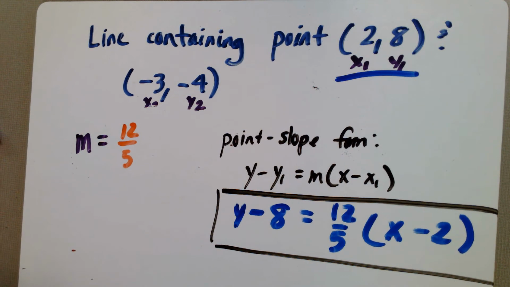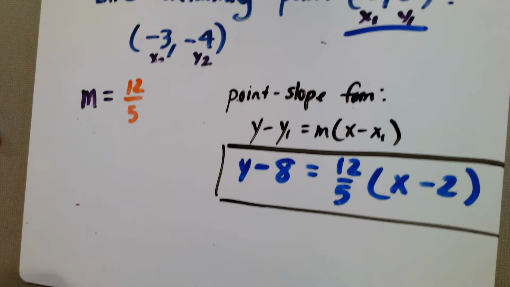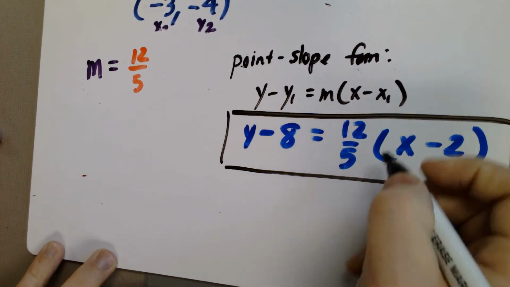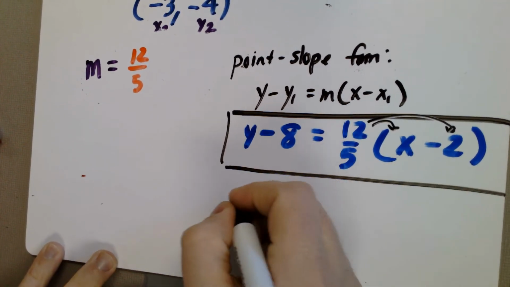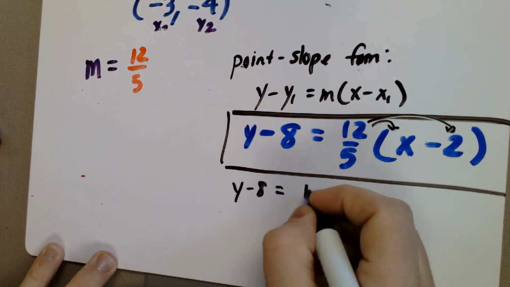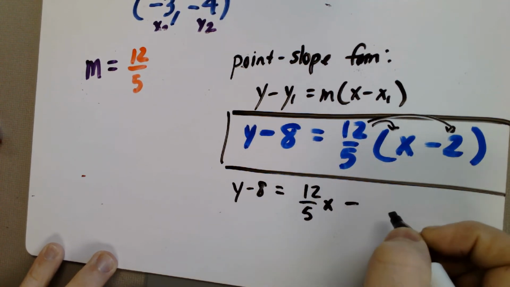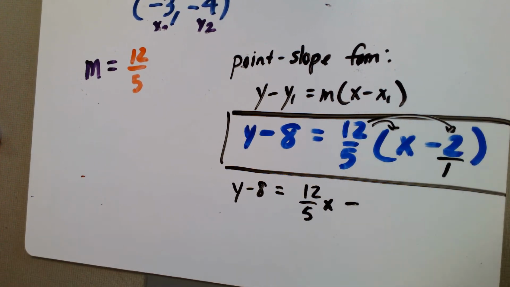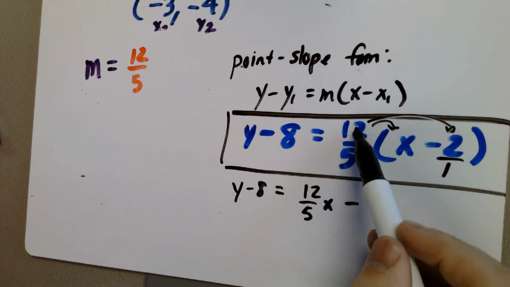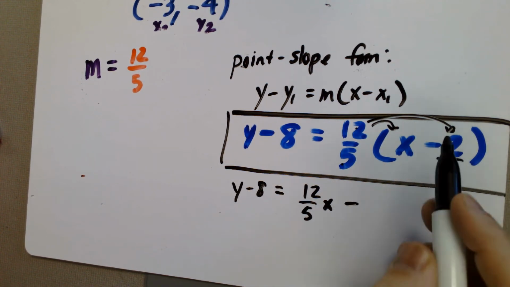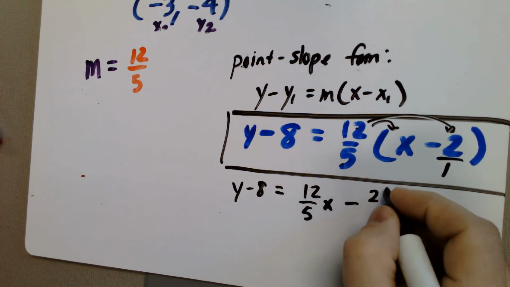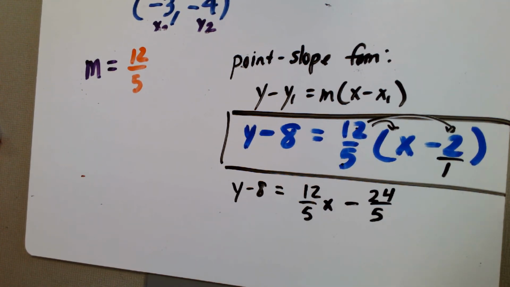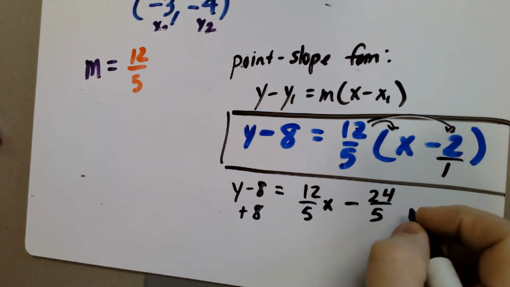But they're not asking for that. They're going to ask for it in slope-intercept form, which is common. So we're just going to solve it. We start by distributing the 12 fifths. And we get y minus 8 is equal to 12 over 5x minus, and how do I multiply fractions? Well, I think of them as improper fractions. So 12 over 5 times negative 2 over 1 is 24 over 5. Now we can add 8.